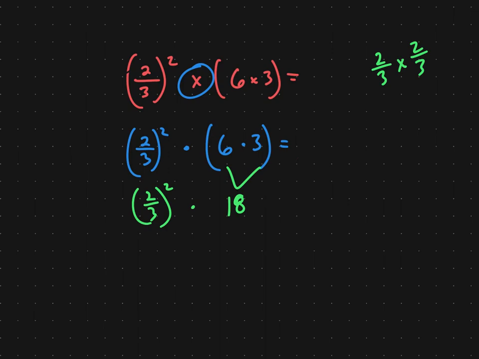There are 2 different ways you can solve these, both very intuitive. One is to write it out like I did: 2 times 2 is 4, 3 times 3 is 9. The second is to move the exponent inside the parentheses and think of it as 2 squared over 3 squared. 2 squared is 4, 3 squared is 9. Either way, you're going to get 4/9.